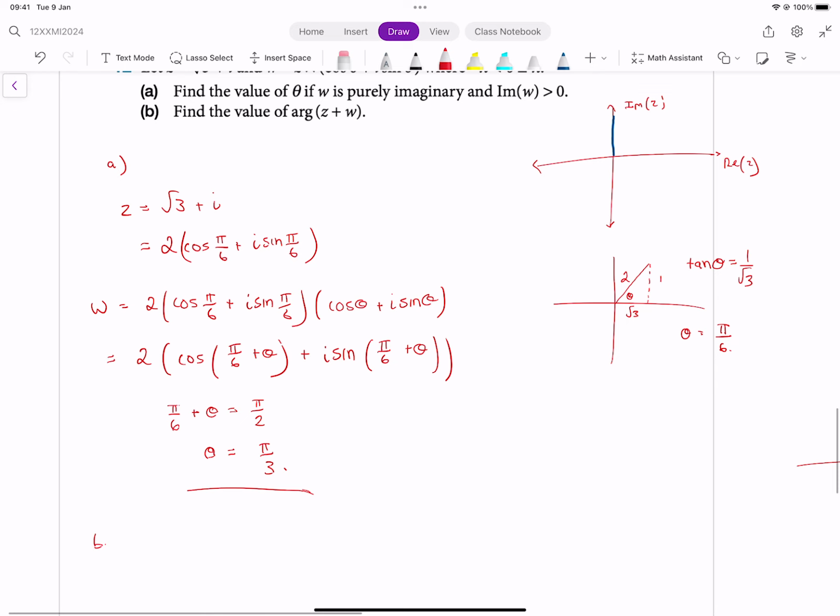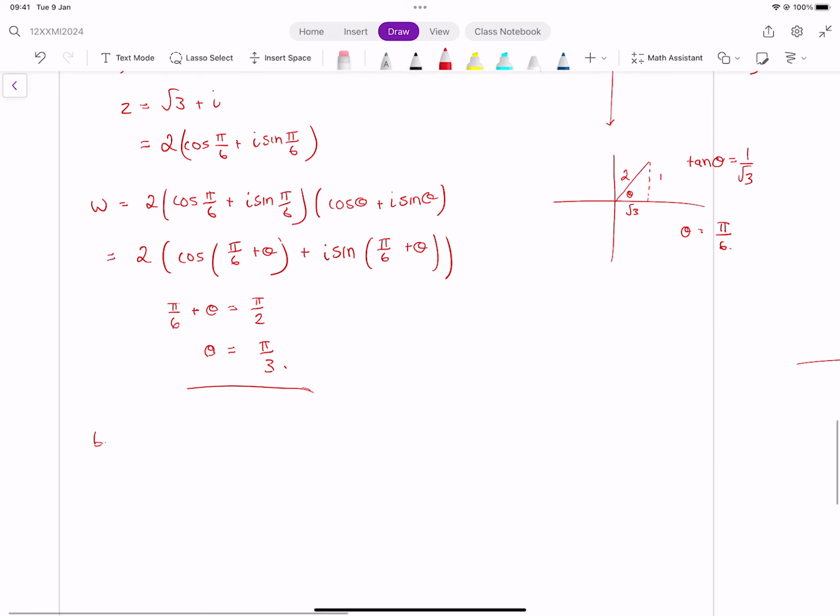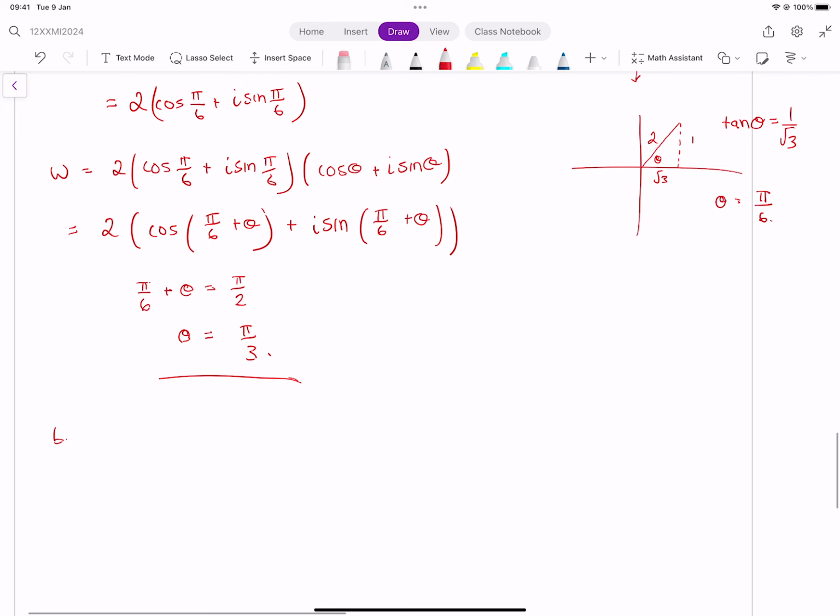Part B asks us to find the argument of z plus w. Now, we've just found out that w has a modulus of 2, and it's also purely imaginary, so it's the complex number 2 cos pi on 2 plus i sine pi on 2.